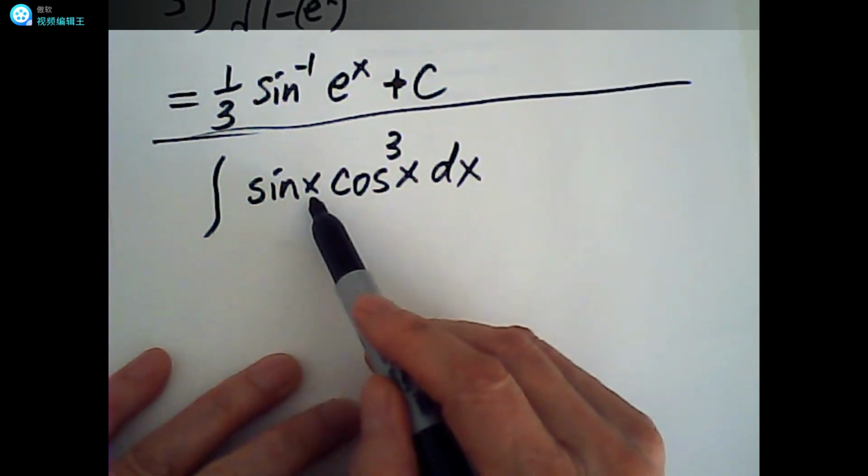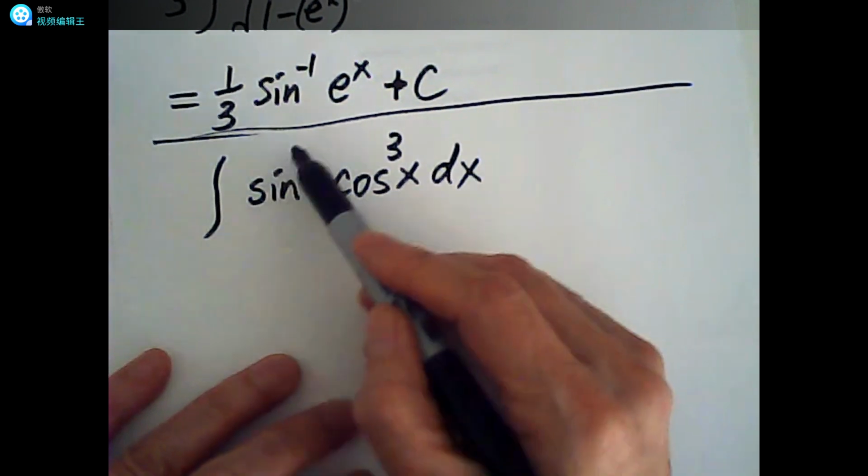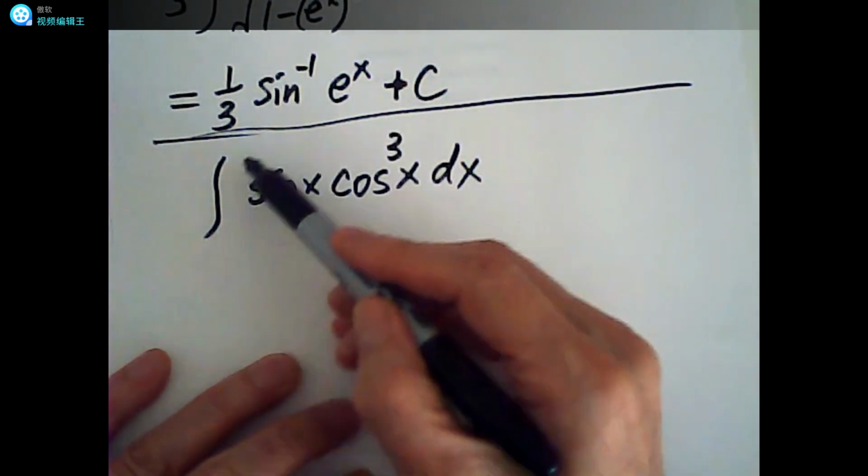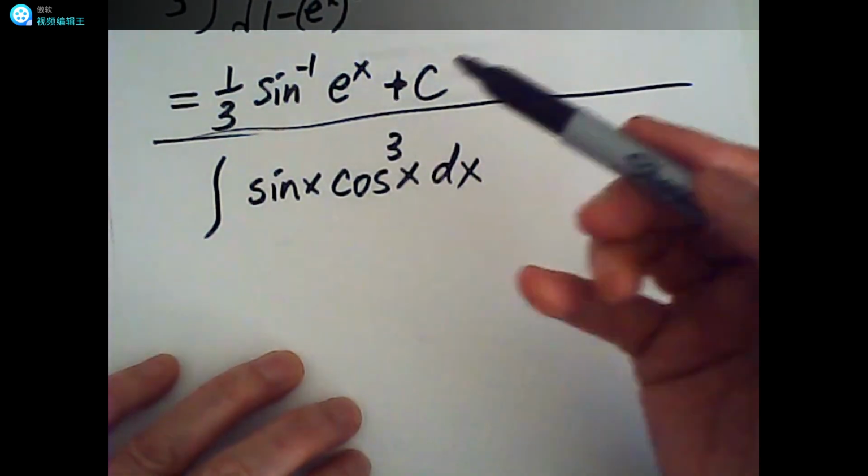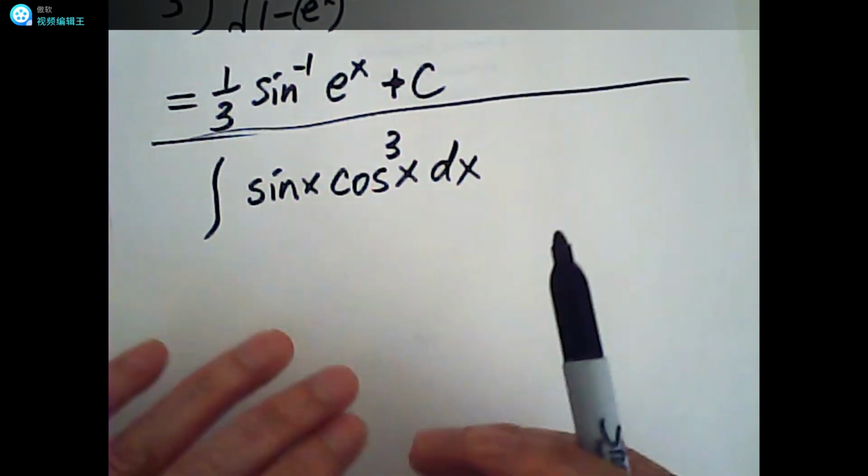So if sine is the derivative of cosine, then the main function in the integrand is a power function. I'll repeat again.